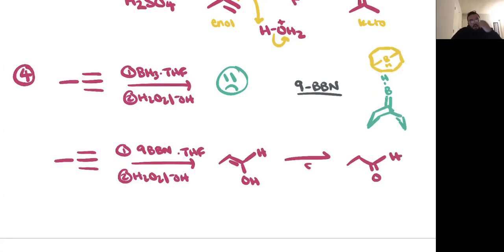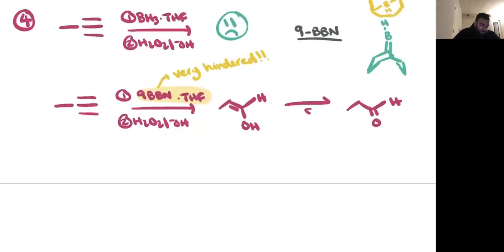Okay. In addition to this, we also have some pretty good use of 9-BBN, considering the fact that 9-BBN is very, very hindered. Cool. So let's see how hindered exactly this is going to be.